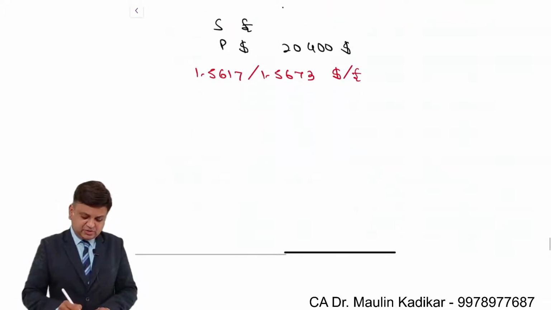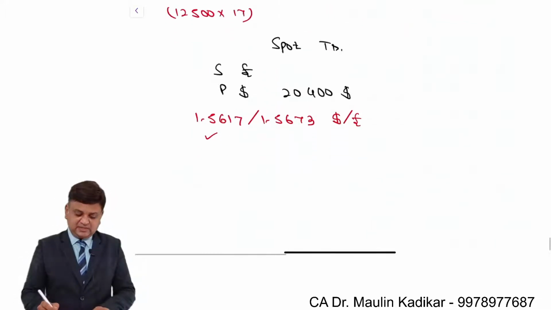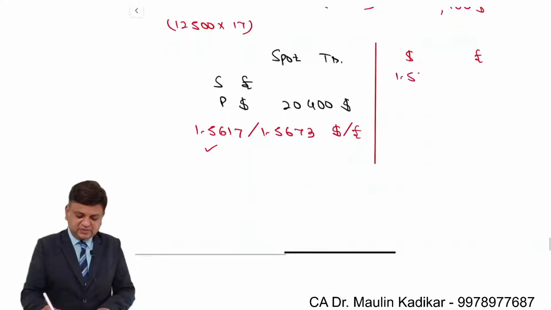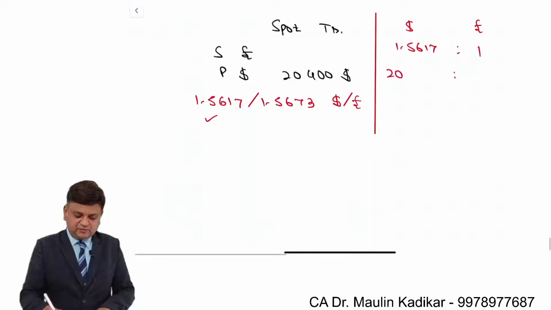Sell of pound and purchase of dollar, you will get less amount of dollar. So we understand that over here it is dollar per pound. $1.5617 is equal to 1 pound. So $20,400 is equal to this amount of pound.